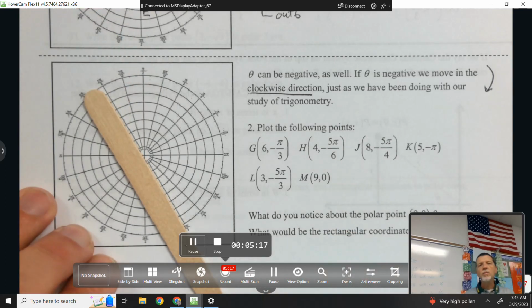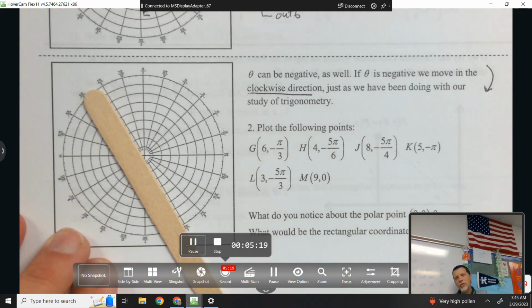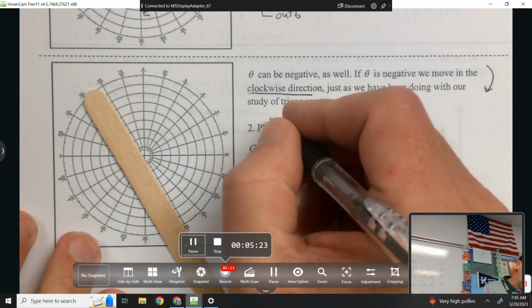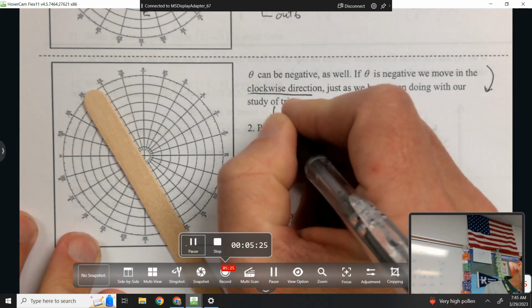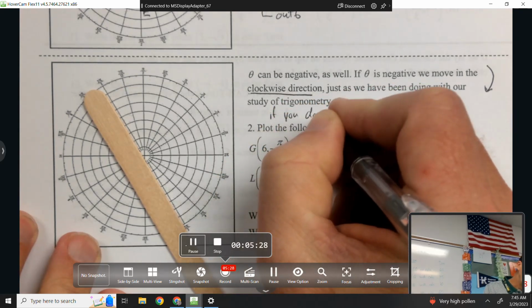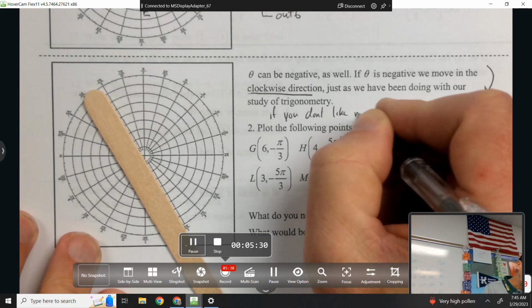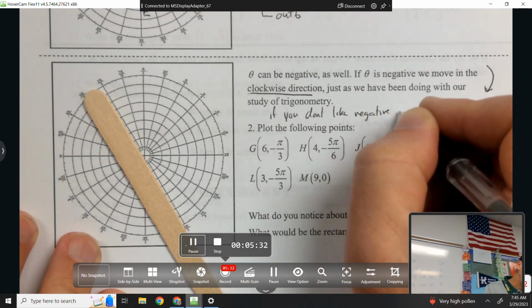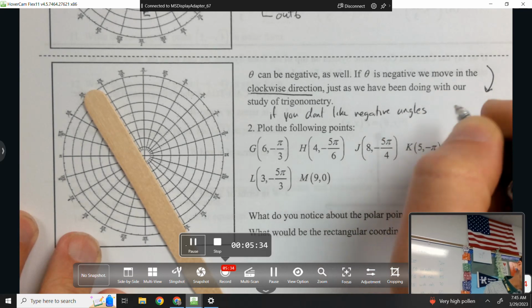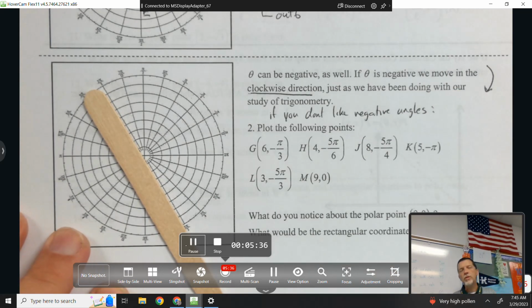Now, I hope most of you are familiar enough and can just sort of figure them out. But if you don't like going negative angles, do you remember what you could do that would get you the same landing spot, coterminal? You could add or subtract 2 pi. Now, subtracting 2 pi would only make it more negative, so I wouldn't do that.